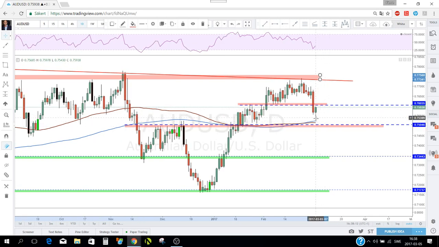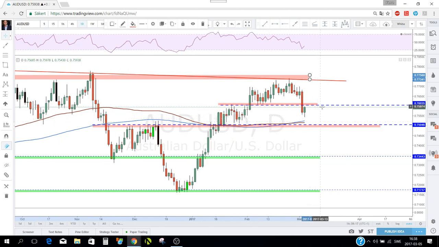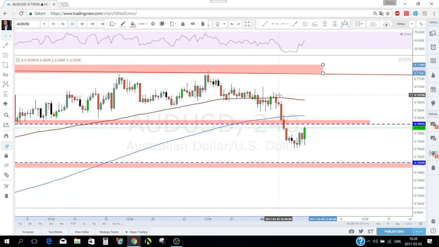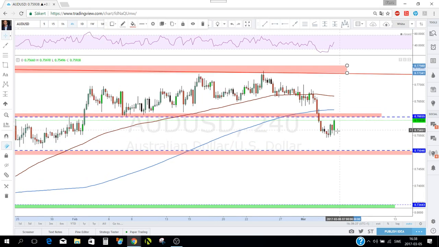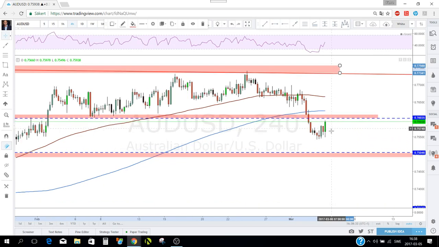We're still trading above the 100 and 200 moving average. So let's go down a time frame and see what's going on. As you see, guys, price did find support at this level, and now it was heading up for a retest of a structure.